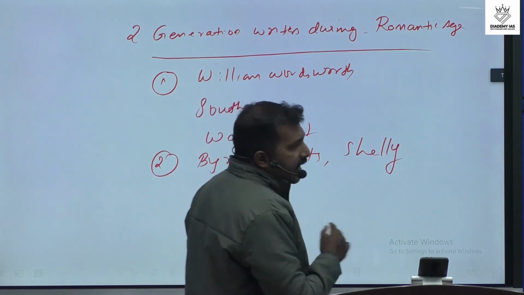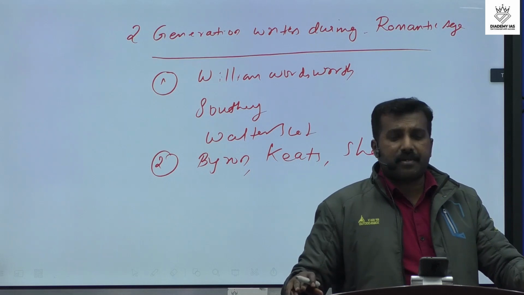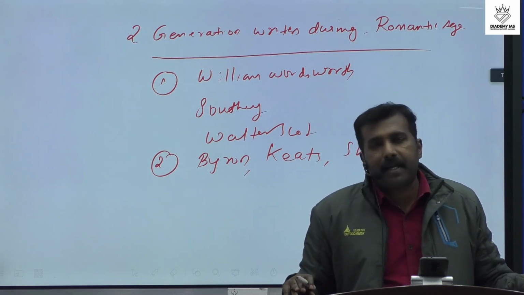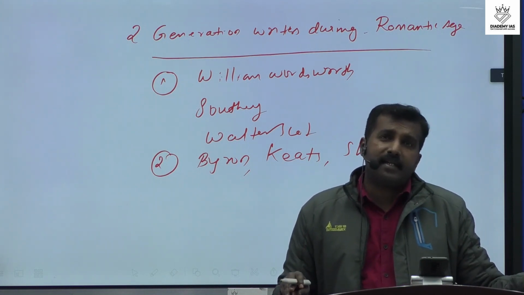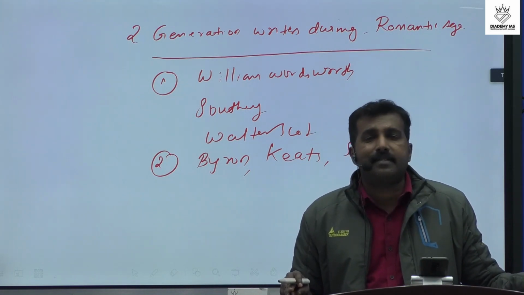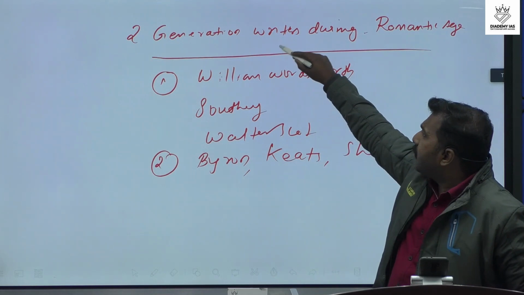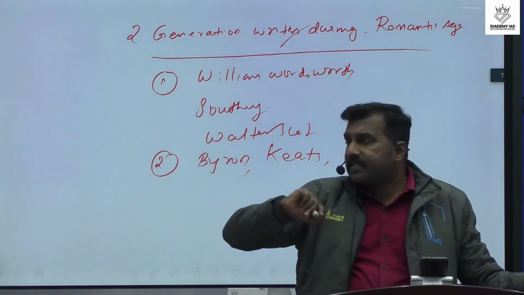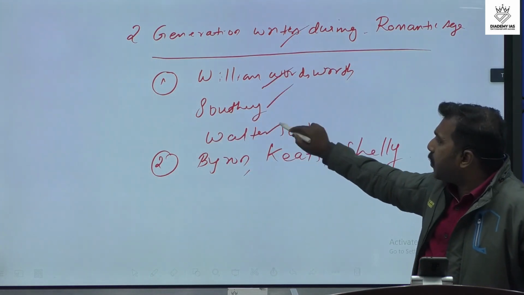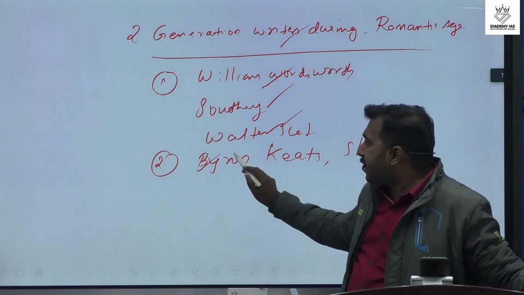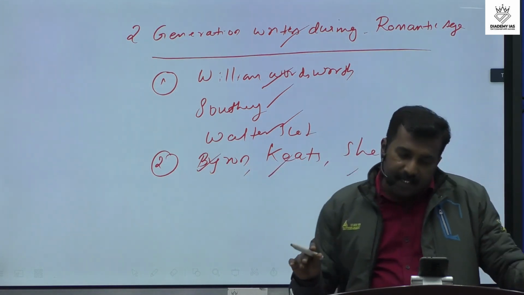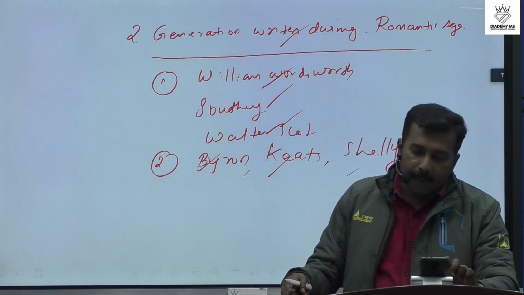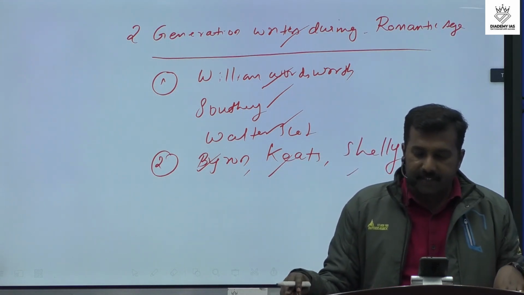So we can classify these two types of writers in English literary periods, specifically the Romantic age. The first generation: William Wordsworth, Southey, Walter Scott; and the second generation writers: Byron, Keats and Shelley. So these are the important features.